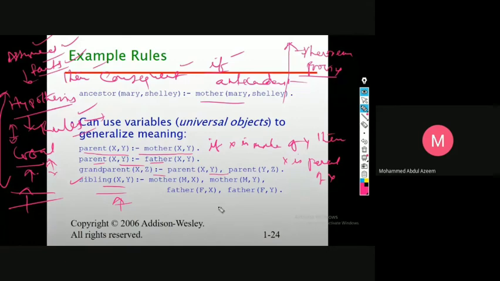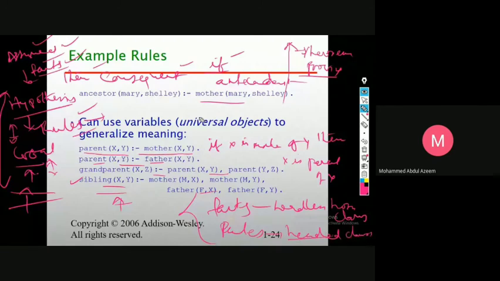So there are two things that you find as part of logical programming: facts and rules. Facts are the headless clauses, you can say, and rules are the headed. Fine, that's it, right? This is all about logical programming. We can see most of our theorem proving in logical programming taking only these two things into consideration. Fine.